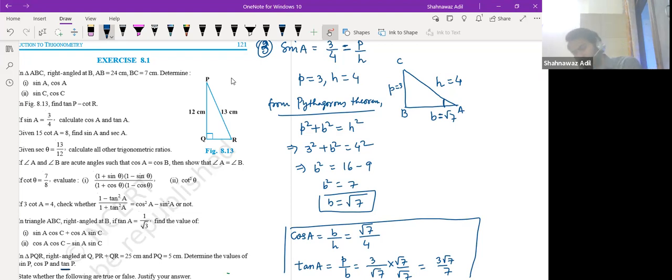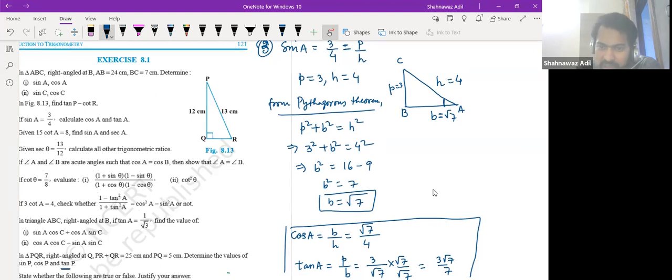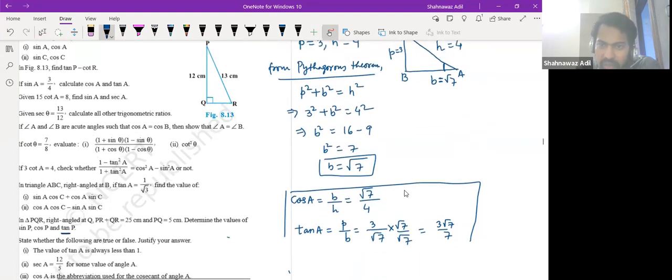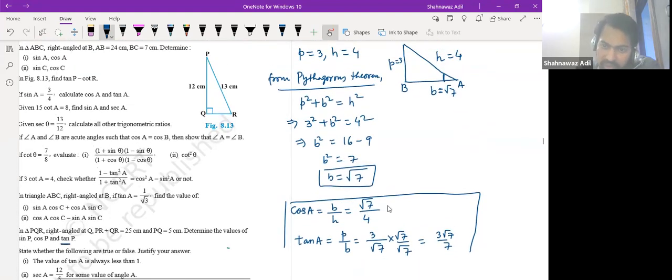Whenever you have questions like this, calculate cos A and tan A. Just writing root 7 by 4 and 3 by root 7 is enough. Cos A is base by hypotenuse, right? So root 7 by 4, that is enough.